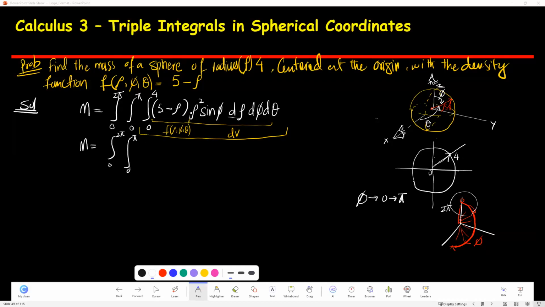Take the integral of 5 minus rho cubed: 5 is going to be 5 over 3 rho cubed, minus rho cubed is going to be 1 over 4 rho to the 4, and the limit is 0 to 4, and then it's sine phi d phi d theta. Okay, let's substitute the limit and see what's happening.